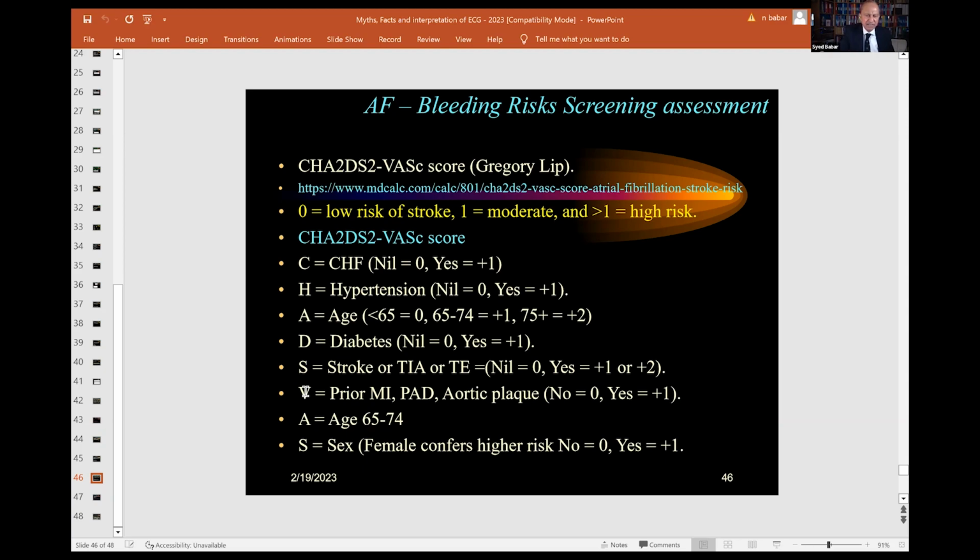VASC relating to vascular disease is prior MI, peripheral arterial disease, aortic plaque. Age 65 to 74, and there is a gender factor. Females have a higher risk and are scored as +1.